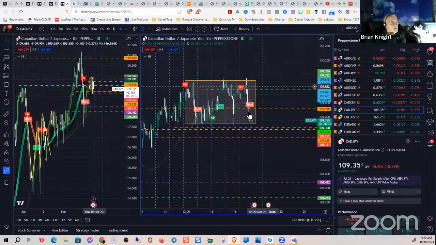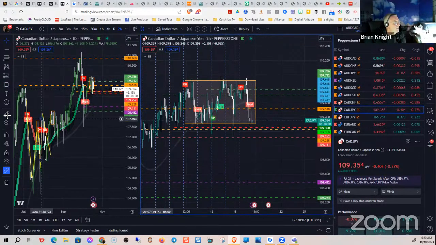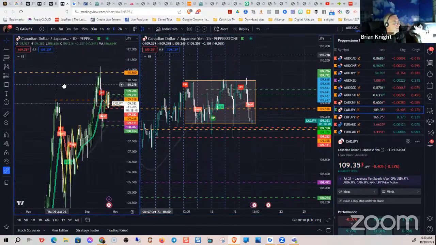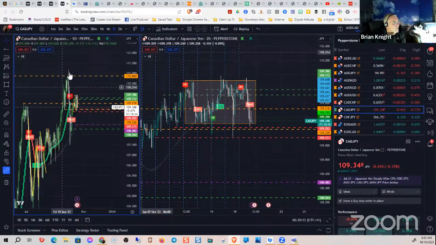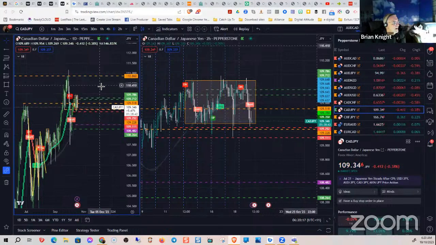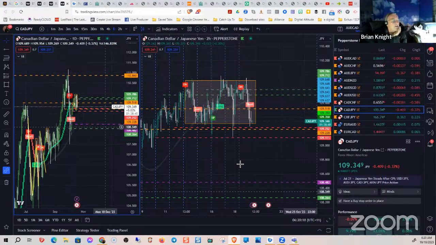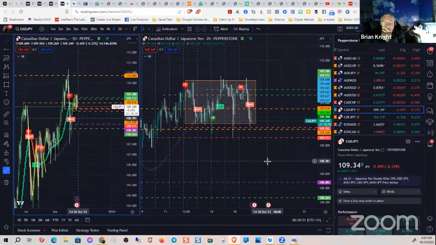Yeah, it's going to have to break out at some point. I still think it'll break out up, but it dropped down and then it's working its way back up, potentially to break the high. So I'm in that buy still.